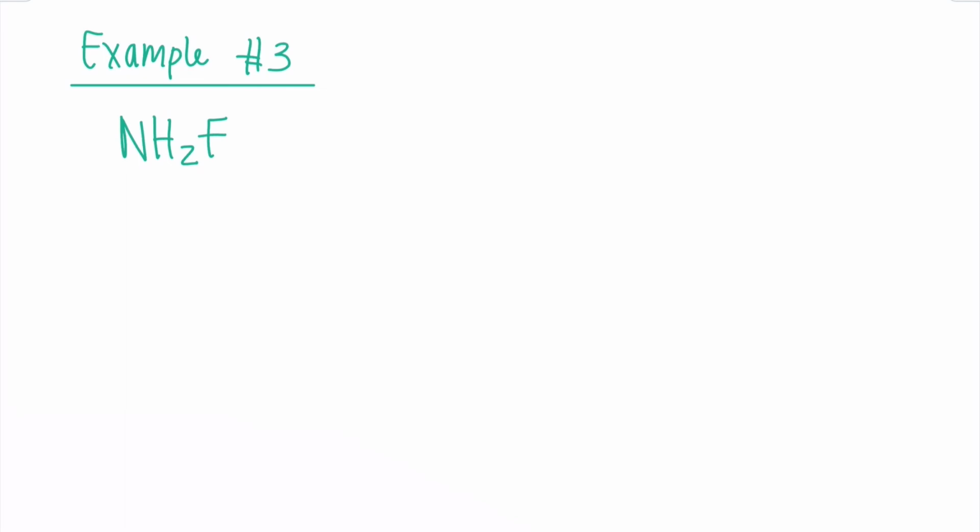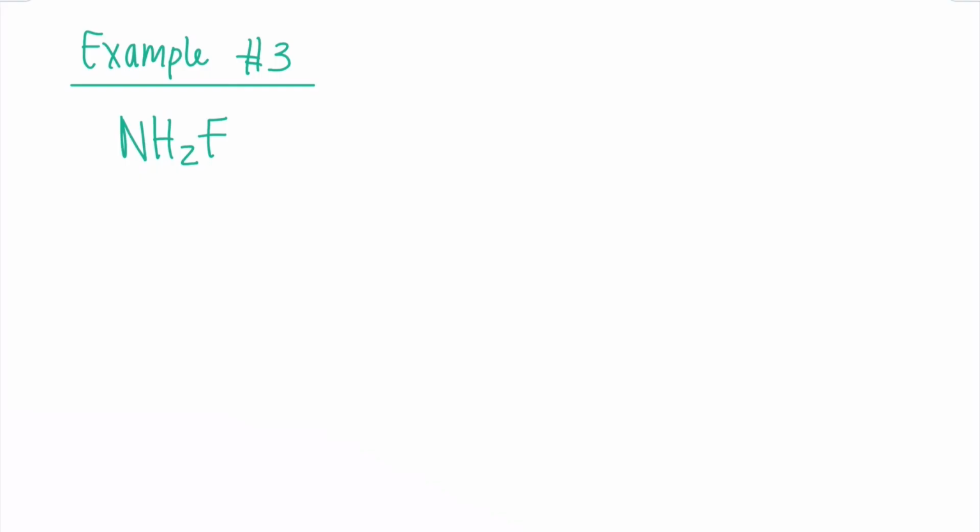NH2F. I'd like for you to pause here and draw what you think is the Lewis dot structure for NH2F. In chemistry, oftentimes, the way that a molecule's formula is written is indicative of the bonding structure.